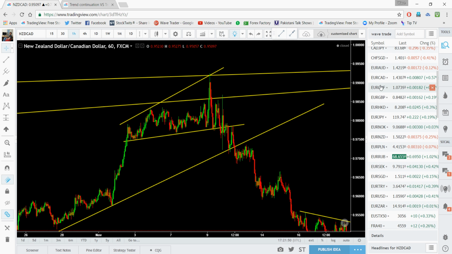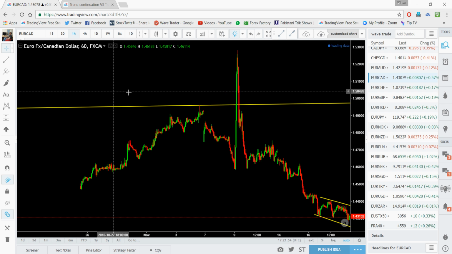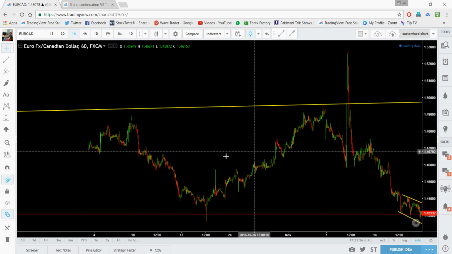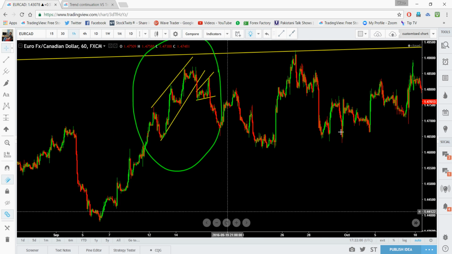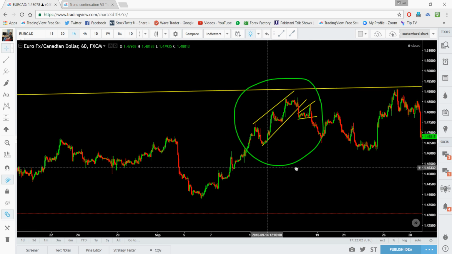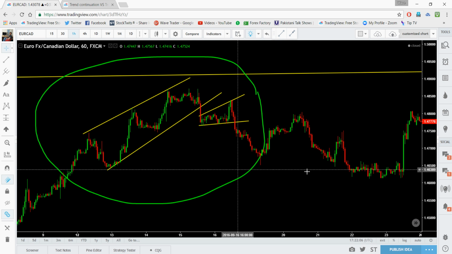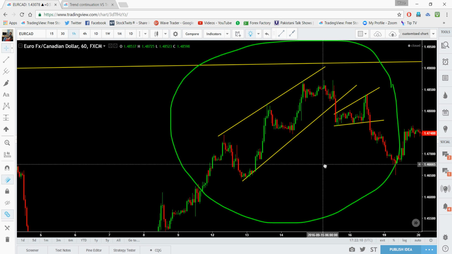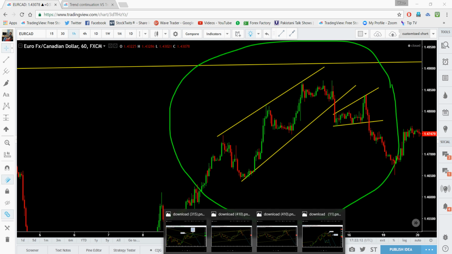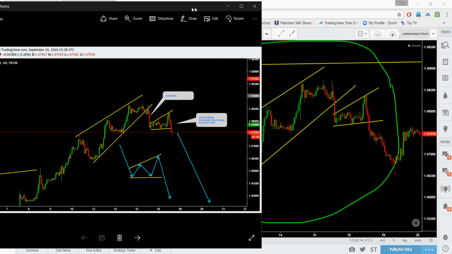This pattern was on the AUDCAD, somewhere here. You see this expanding triangle just continued after the formation. This was the picture.